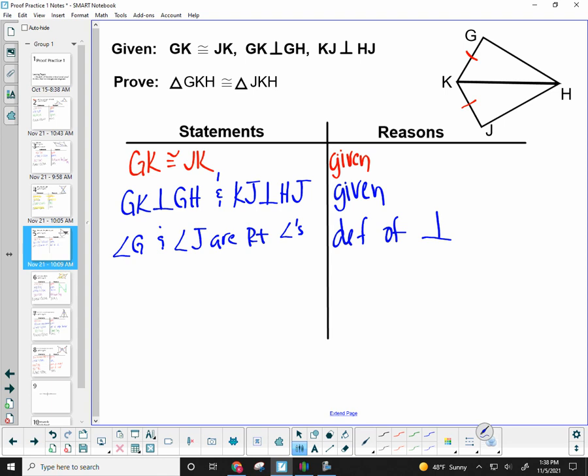Now, this is why I'm saving this one for last. Because we have right angles, we might have two options here. We could use the right angles and say they're congruent, so we could do side angle side. But we also know if we have right angles, we have the possibility of hypotenuse leg. When we have a right angle, we need to step back and figure out which way we want to go with the proof.